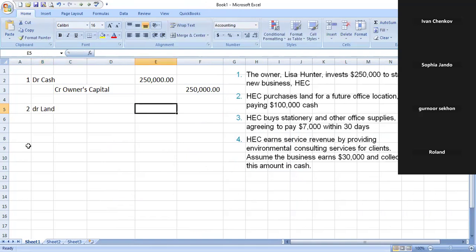What's the value of the land that the company got? $100,000, correct? Did the company pay for that land? Yes. How did they pay? Cash. So let's reduce the cash. Credit cash, $100,000. Make sense?